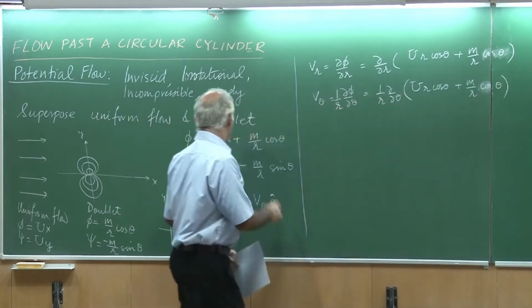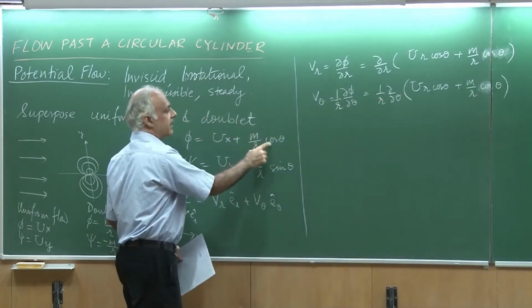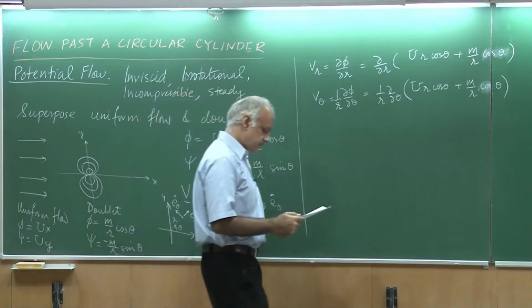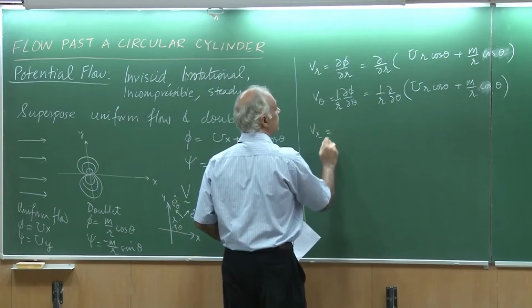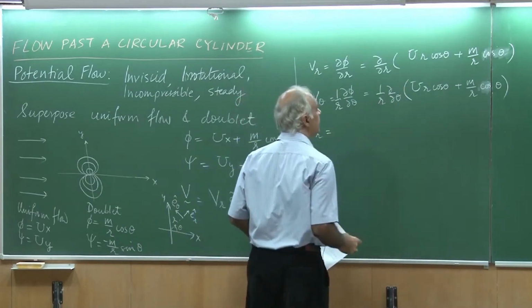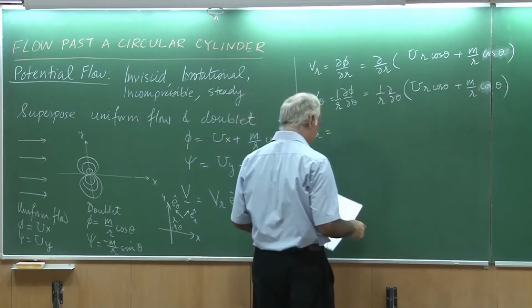Okay. So, I am looking at phi, which is m by r cosine theta. So Vr, if I work it out, I could take cosine theta outside and do a derivative with r.